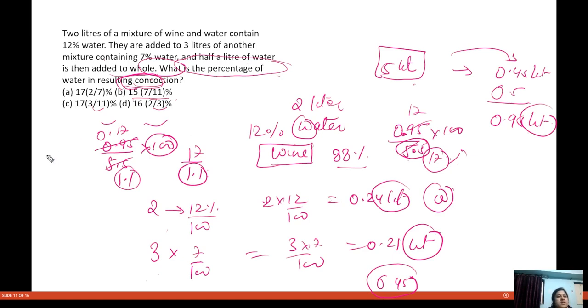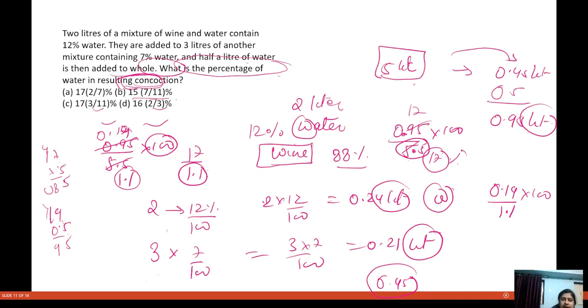Fine. 17 9 5 is a 45. 7 5 is 35. This is 0.085. So I think this will be 0.9. So 9 5 is a 45. So you will be getting 0.19, and 1.1 and 100. Into 100, this is the percentage you are getting.